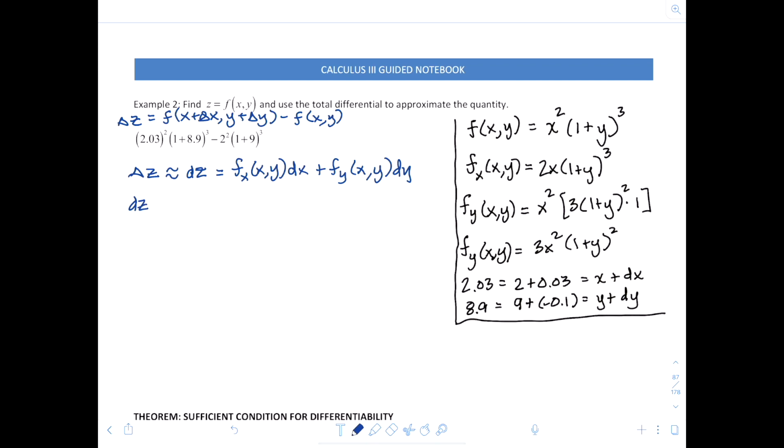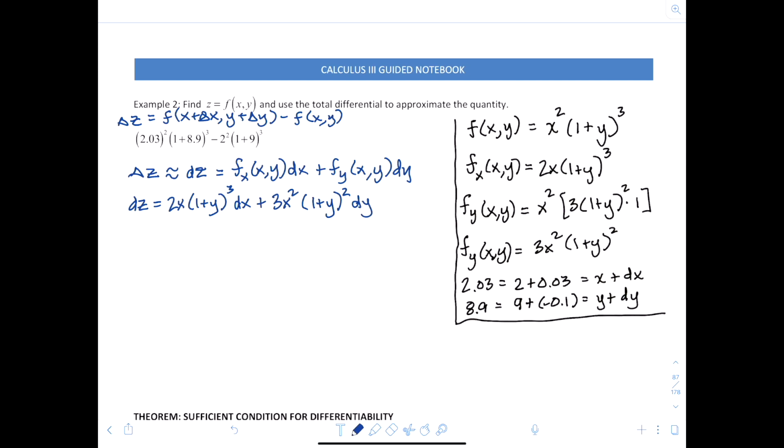So dz will be equal to our fx of x and y, which was 2x times 1 plus y, the quantity cubed, times dx. And then our fy was 3x squared times 1 plus y, the quantity squared, times dy.